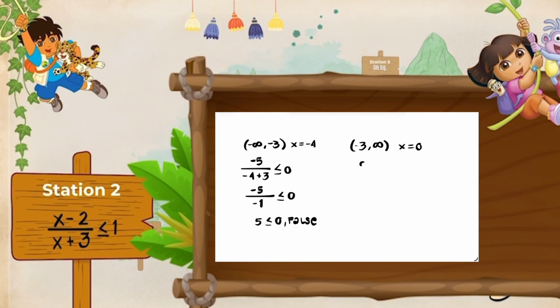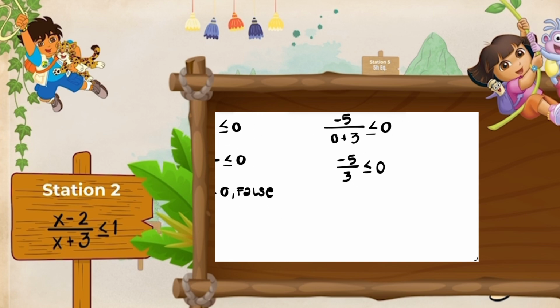So 0, negative 5 over 0 plus 3 is less than or equal to 0. So negative 5 and positive 3. One is negative, one is positive, and it will become negative.